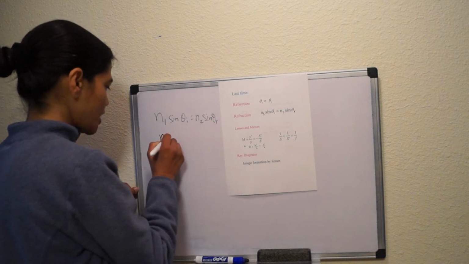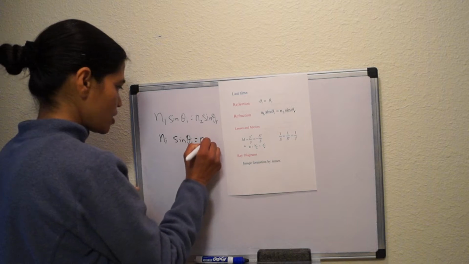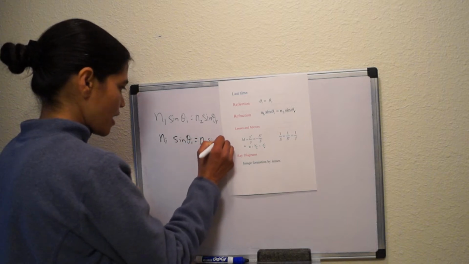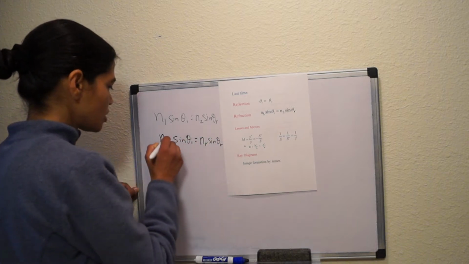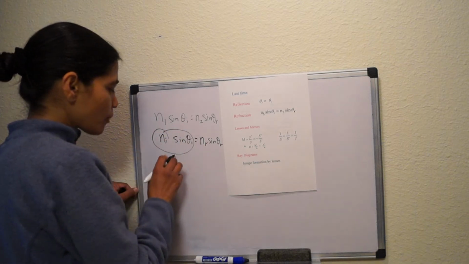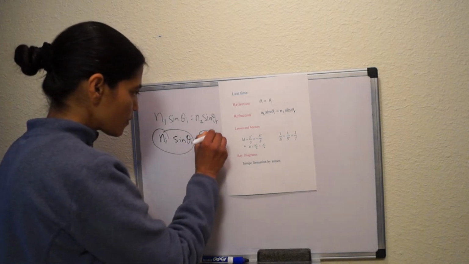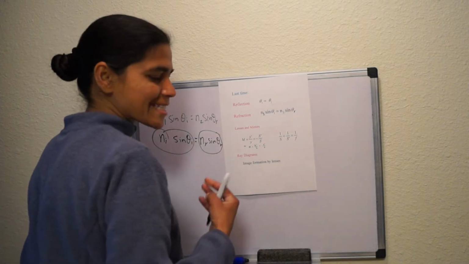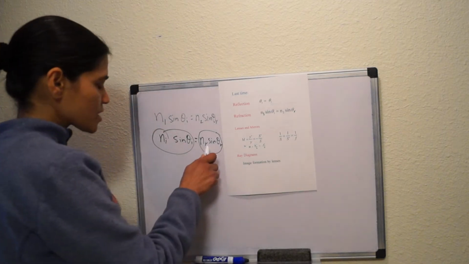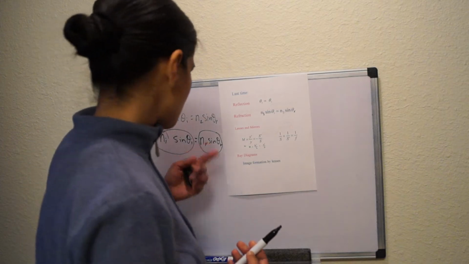Last time we wrote ni sine theta I equal to nr sine theta r, okay? So just make sure this part is for the medium where the light is incident, and this part is for the medium through which the light is exiting, or where the refraction is taking place, okay?